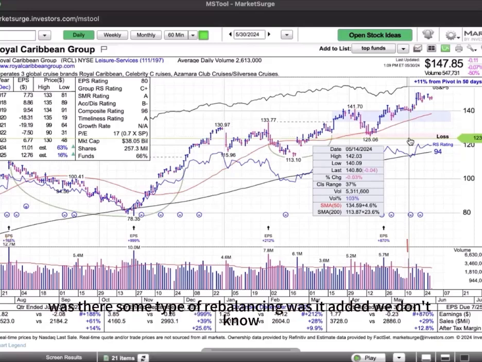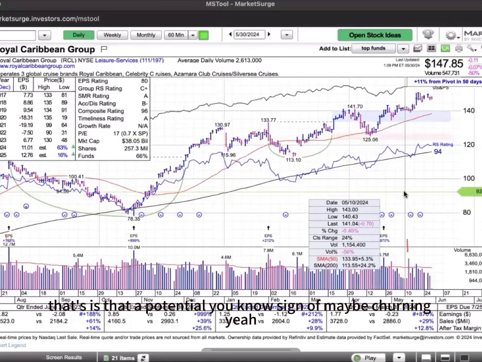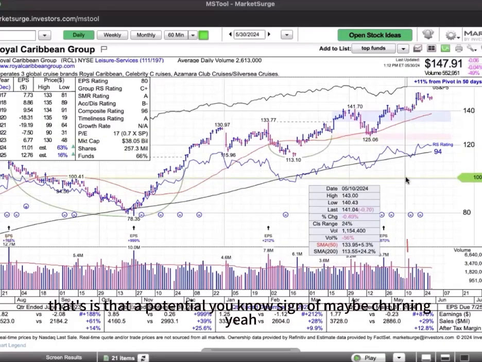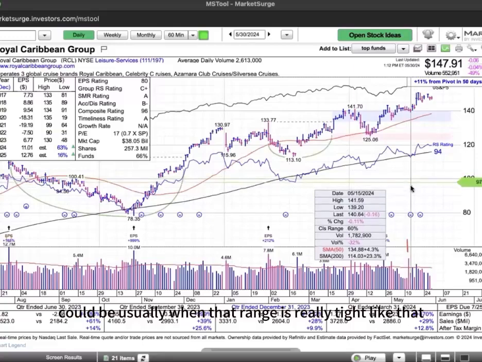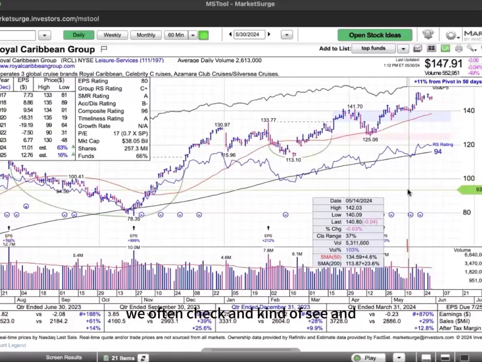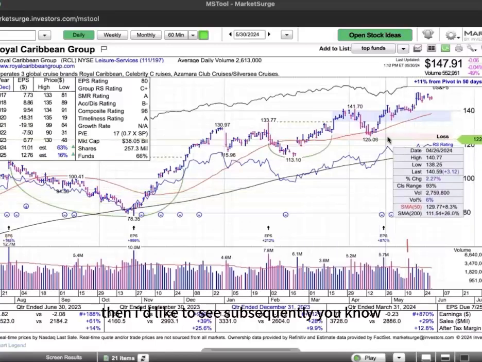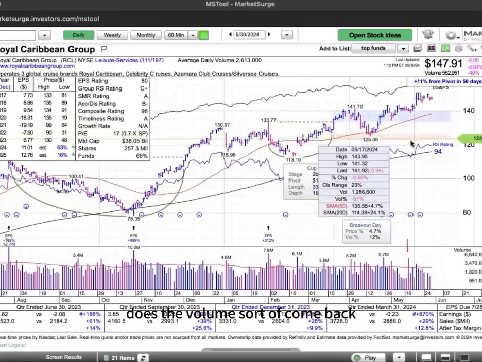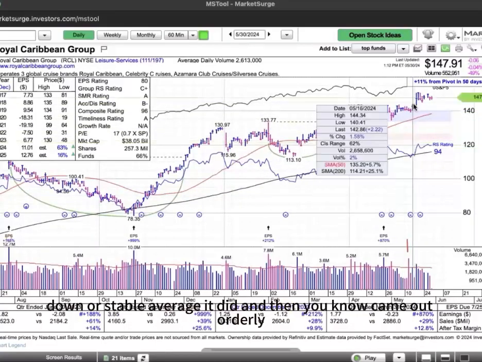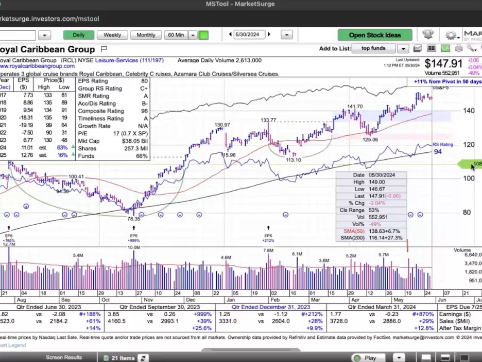Was it added? We don't know, of course. And look, is that a potential sign of maybe churning? Yeah, it could be. Usually when the range is really tight like that, we often check. And then I'd like to see subsequently, does the volume come back down or stay below average? It did. And then it came out orderly.